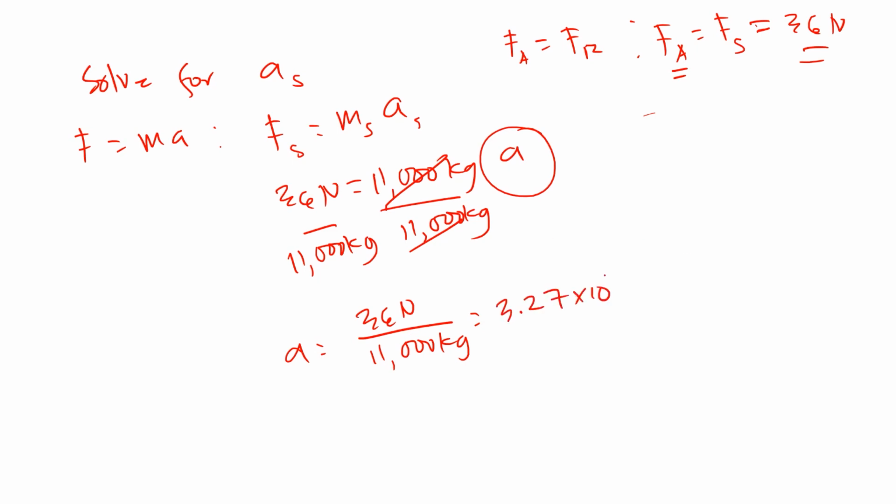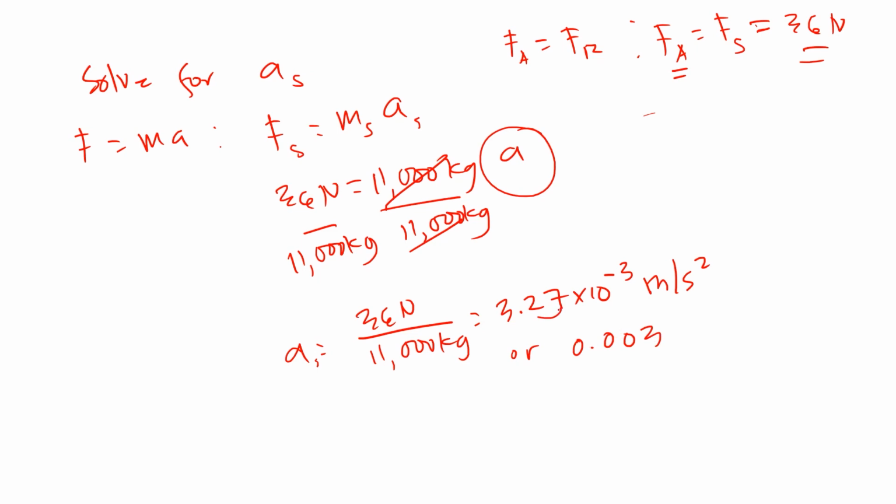3.27 times 10 raised to negative 3 meters per second squared. I just explained the unit for acceleration, or it can be written as 0.003.